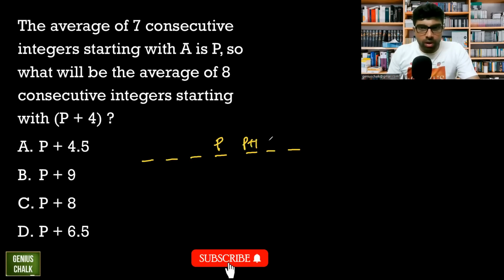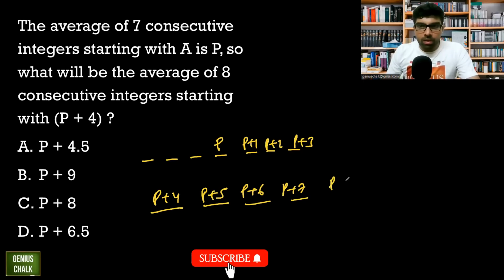So this is P plus 4, P plus 5, P plus 6, P plus 7, P plus 8, P plus 9, P plus 10, then P plus 11. How many? 1, 2, 3, 4, 5, 6, 7, 8. 8 numbers done, starting with P plus 4.